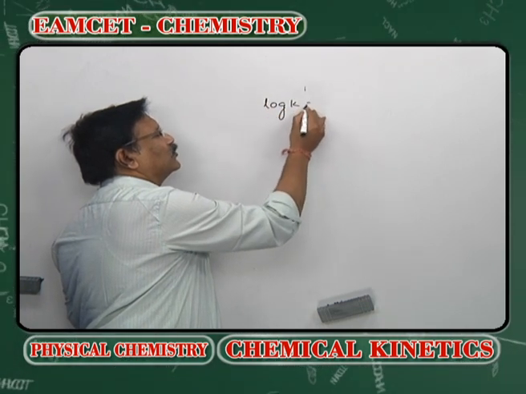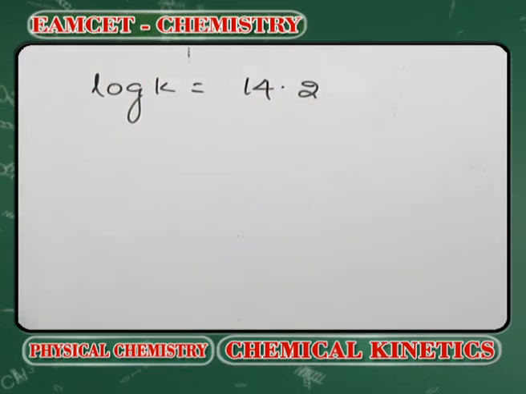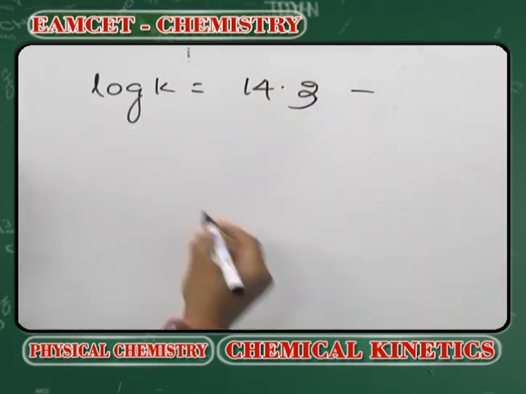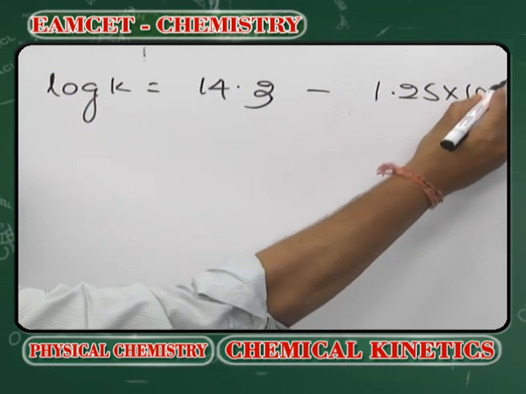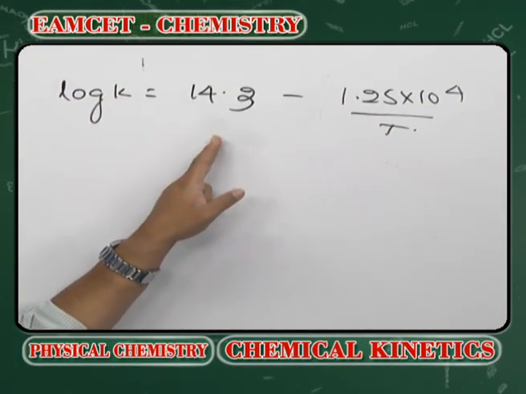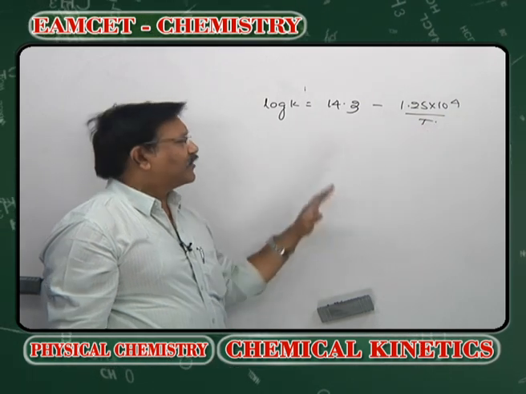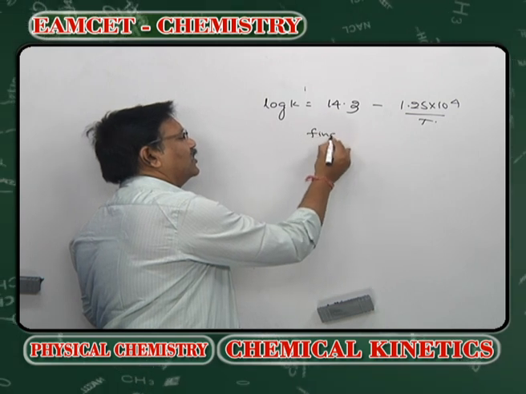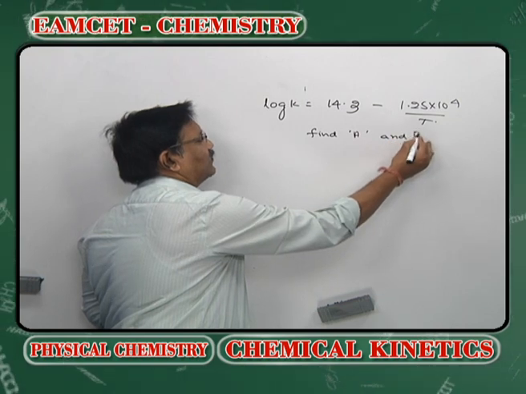Log k is equal to 14.3 minus 1.25 into 10 to the power of 4 by T. From this, we have to find the value of A and activation energy.